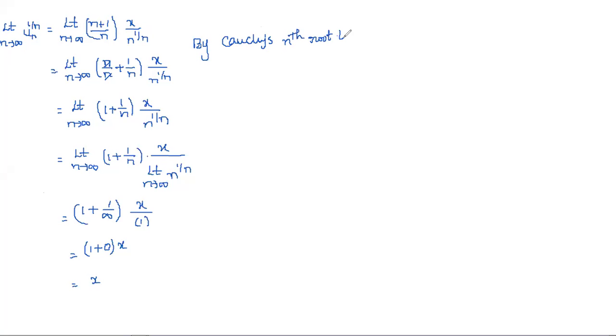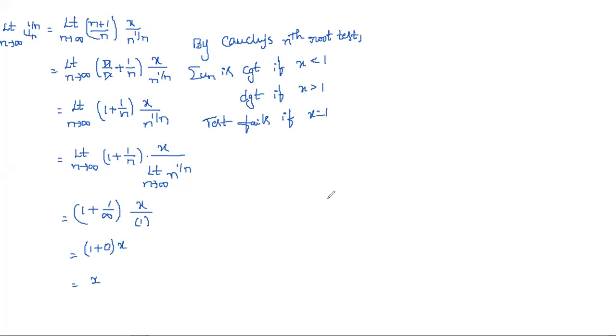By Cauchy's test or Cauchy's nth root test, summation un is convergent if x less than 1 and divergent if x greater than 1. Test fails if x is equal to 1.